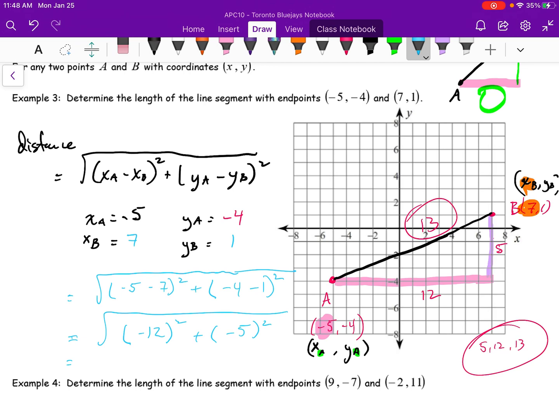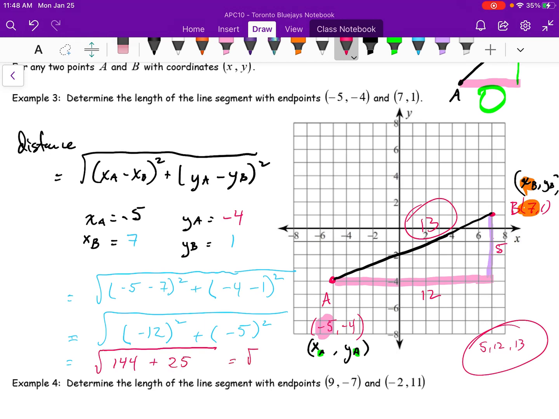Now I have to do order of operations, so I need to square first. -12 squared is 144. When you square a negative, it becomes a positive. Plus -5 squared is 25.